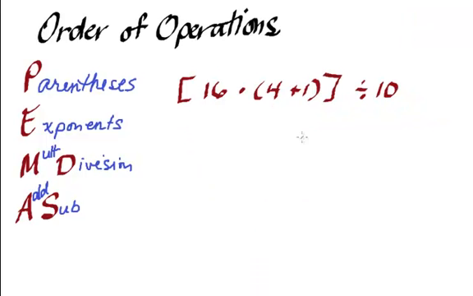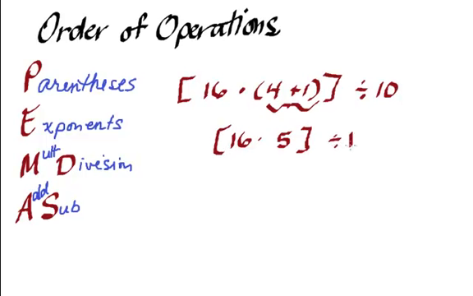Okay, now in this problem here, we have brackets again and some parentheses. So we've got to look at our brackets first, and then we've got to go to the innermost parentheses and solve those and work our way out. So we have our 4 plus 1, and that's what we're going to have to solve first. So 4 plus 1 is 5. 16 times 5 is in brackets.